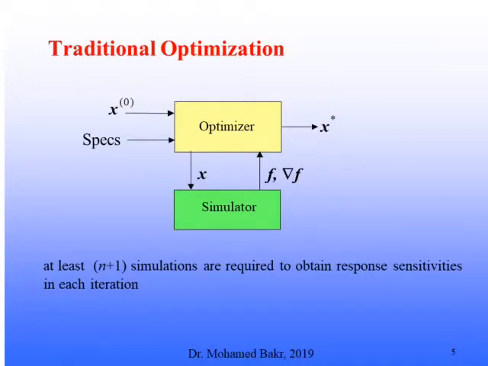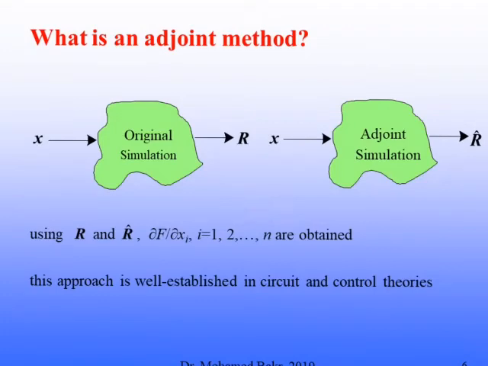So there must be another way to obtain the gradient in a more efficient way. The basic idea of the adjoint method is to solve the original structure that you have, the motor or the antenna, with the parameters x to get the response, and then build another structure, another motor, you can call it this way, another antenna, and give it the same parameters x.